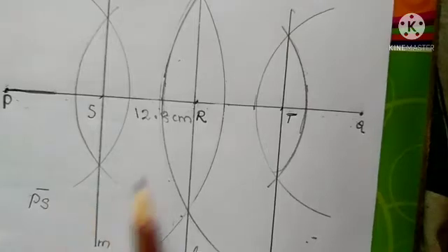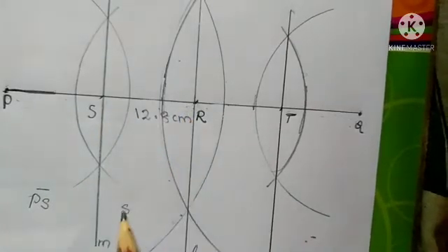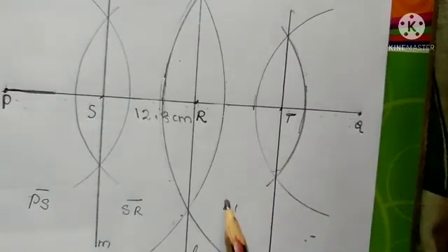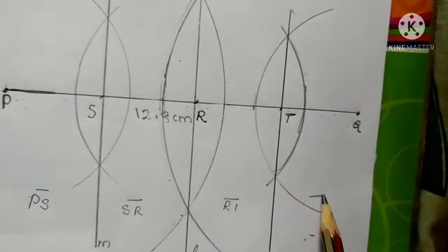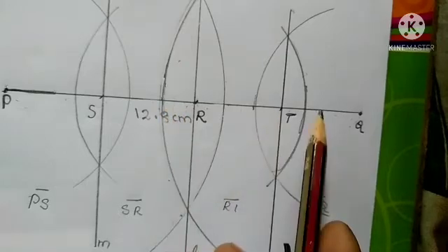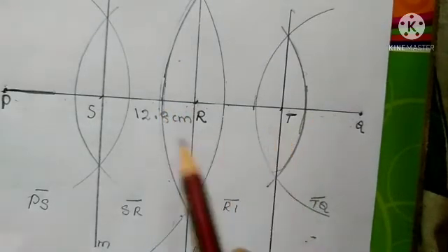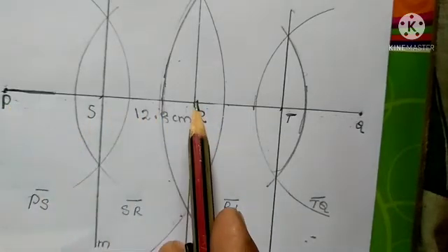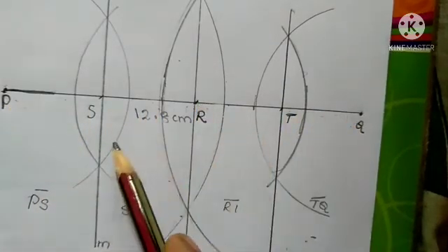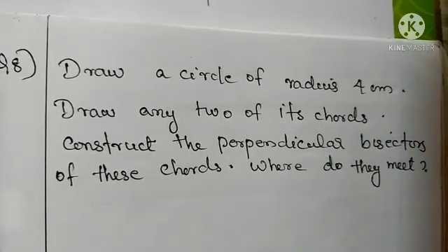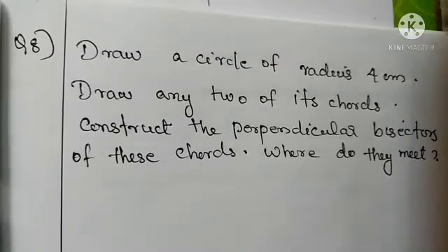And here this one is SR. Here this one is RT and here it is TQ. So these are the four equal parts of PQ. Understood the way? First we drew the bisector to PQ, again bisector to PR and RQ, we will get four equal parts.